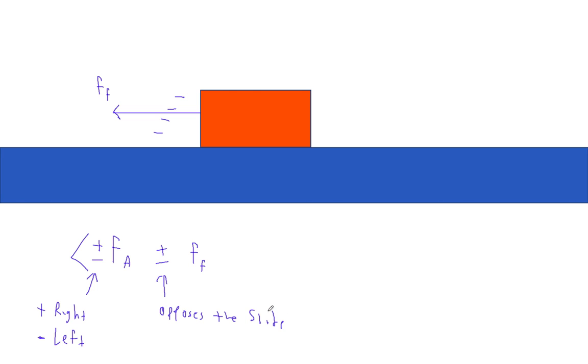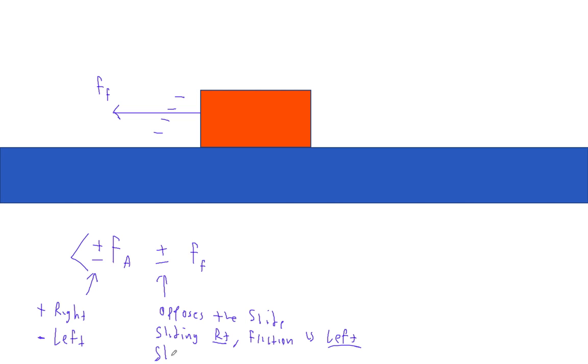So in this case, I'm actually sliding to the right. So if I'm sliding right, then friction is left. Okay, if I'm sliding to the right, friction is to the left.